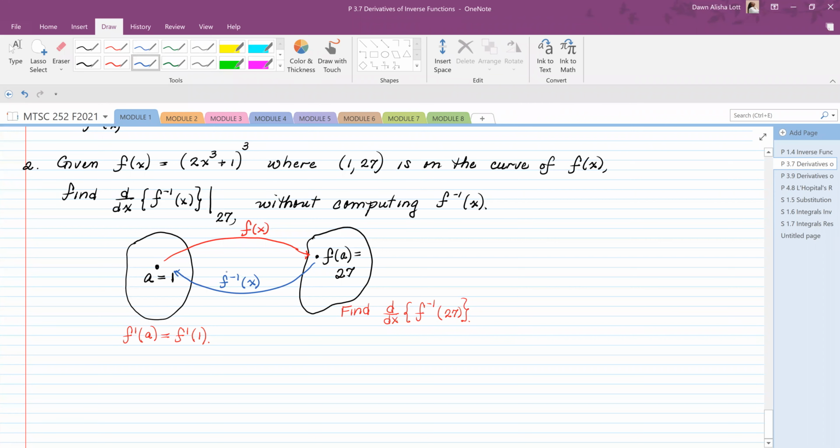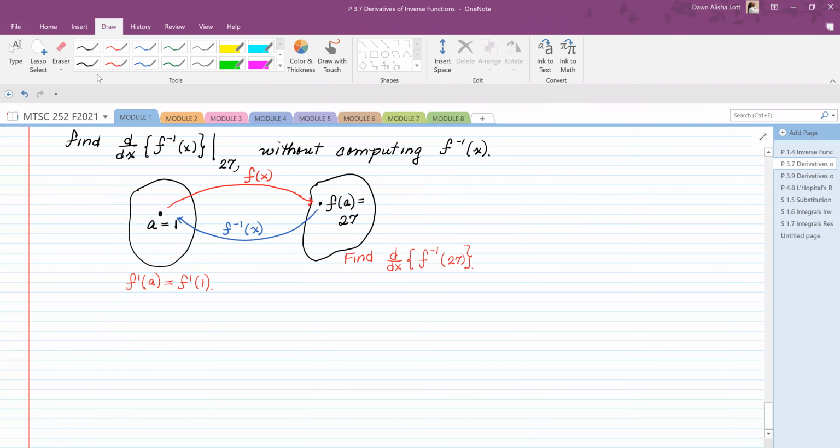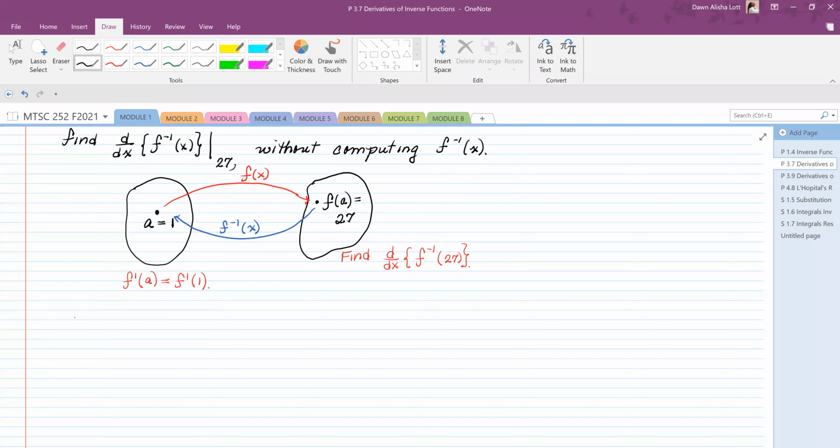So to find that derivative, I'm going to get that the derivative with respect to x of the inverse function evaluated at 27, that's my f of 1, is equal to 1 over the derivative with respect to x of the actual function at 1.